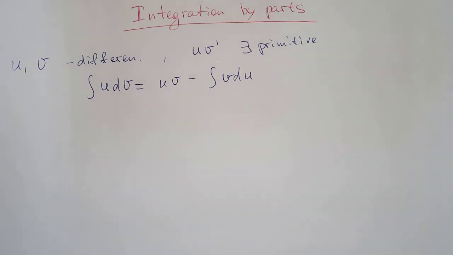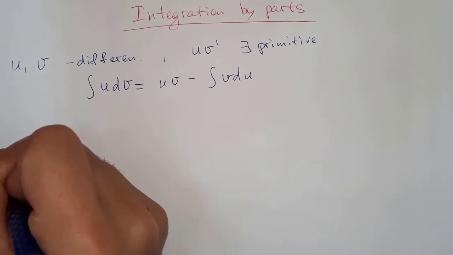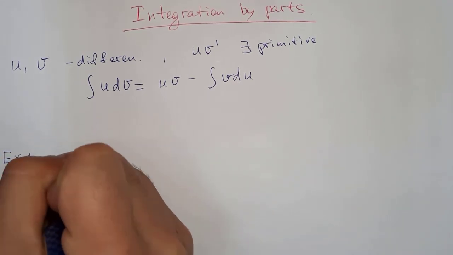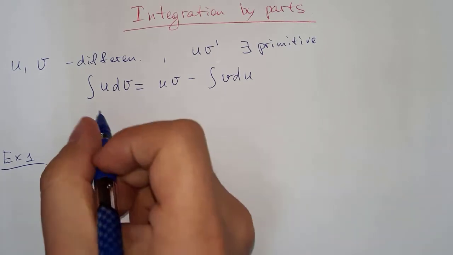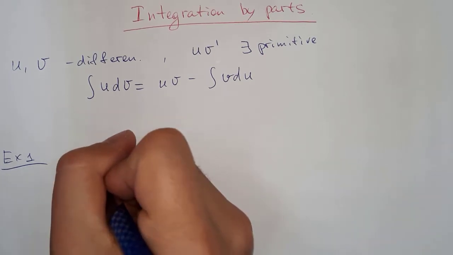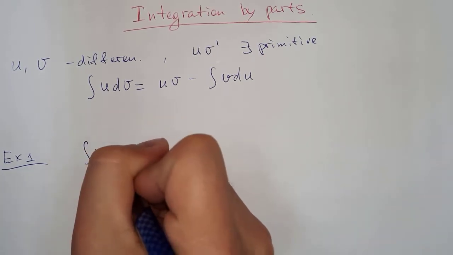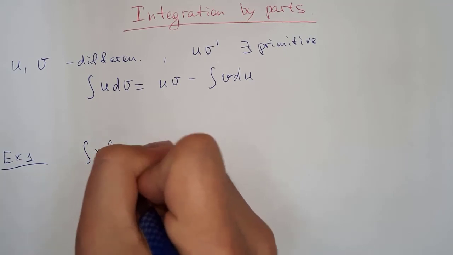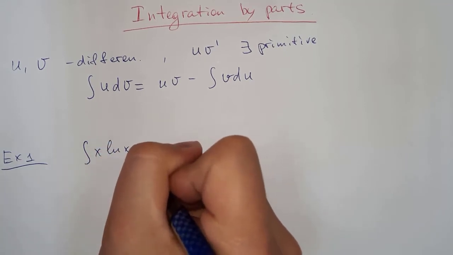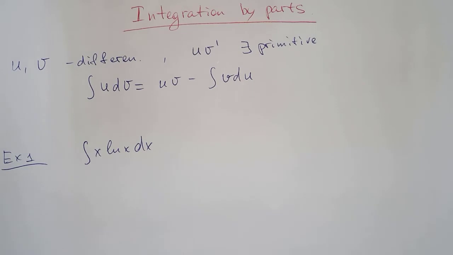For example, let's consider an example. Exercise number 1. Find the integral of x natural logarithm of x dx. Using integration by parts, it will be very easy to compute this integral.